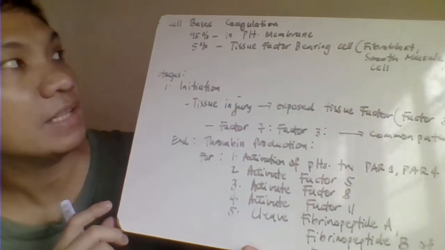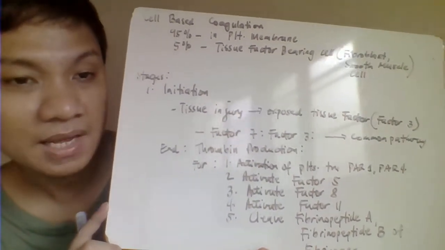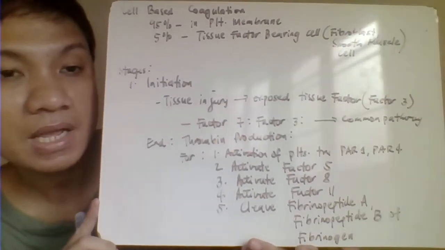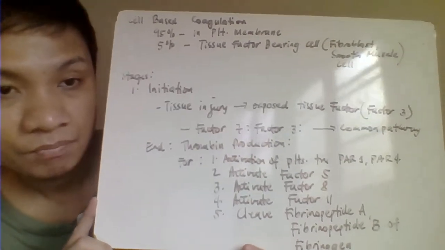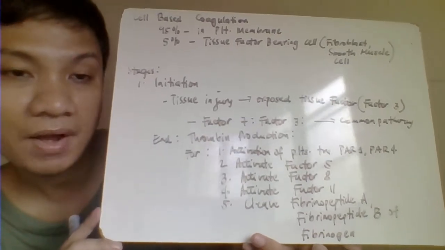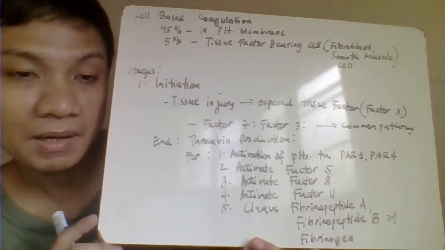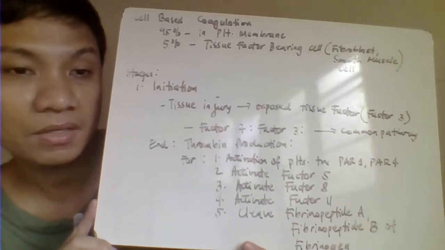Okay, then we also have here the cell-based coagulation. Okay, so clotting process, 95% of that is occurring in your platelet membrane. Whereas 5% of that is occurring here in your tissue factor bearing cells. So majority of your clotting process, again, pag nagka-clot tayo, nagpo-produce tayo ng thrombin.